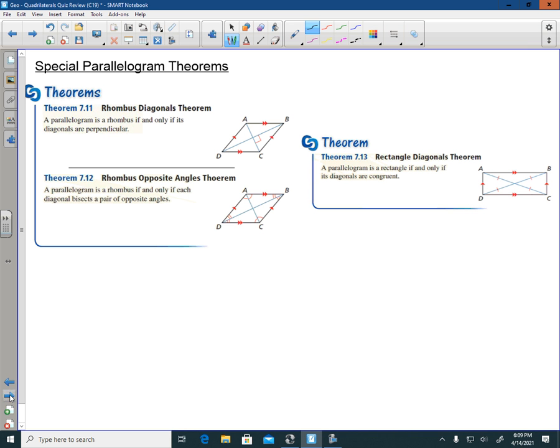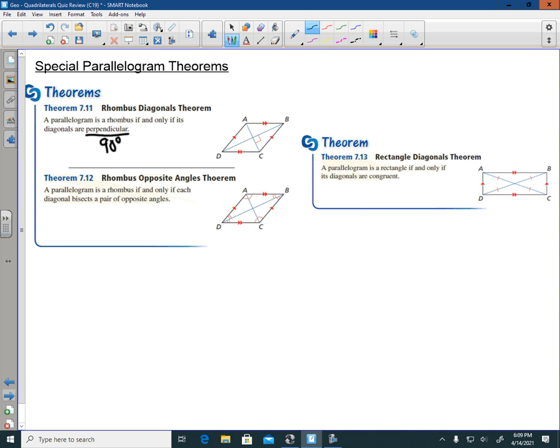Anyway, the rhombus diagonals theorem says that a parallelogram is a rhombus if and only if its diagonals are perpendicular. And remember, perpendicular means that they meet at a 90-degree angle. So the diagonals of any rhombus will meet at a 90-degree angle. That's good stuff. And then a parallelogram is a rhombus if and only if each diagonal bisects a pair of opposite angles.